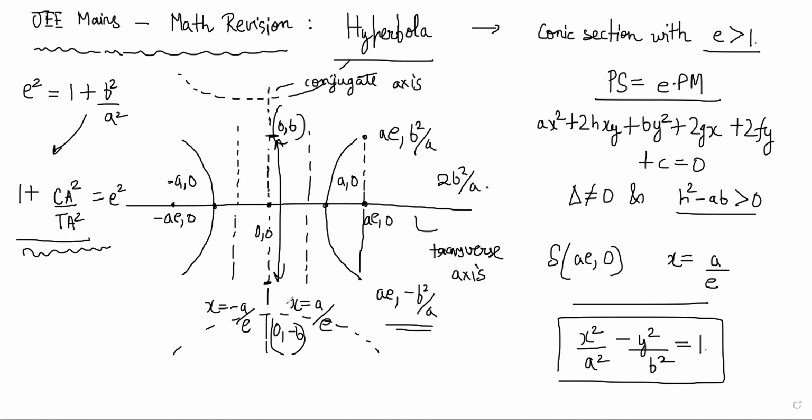Now, there is a property of the focus here that the difference of the focal distances is going to be 2a.